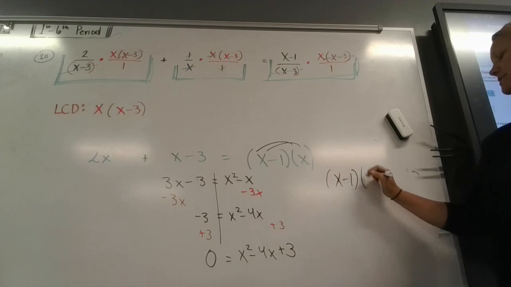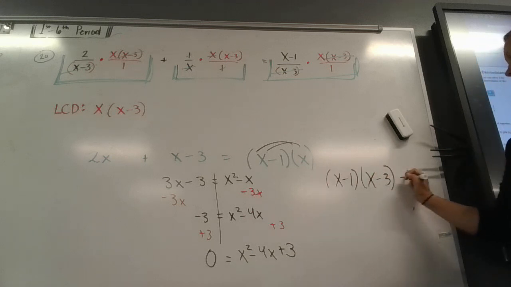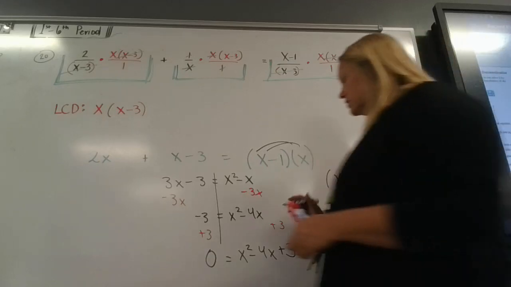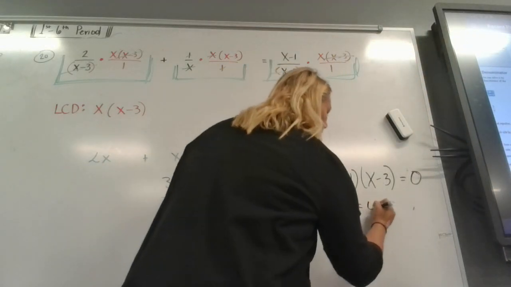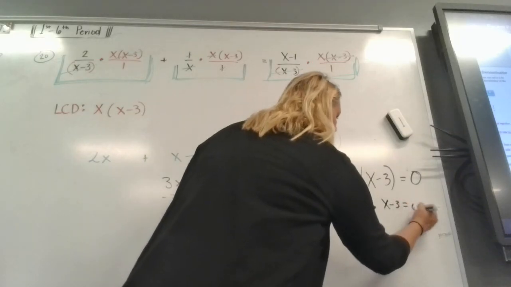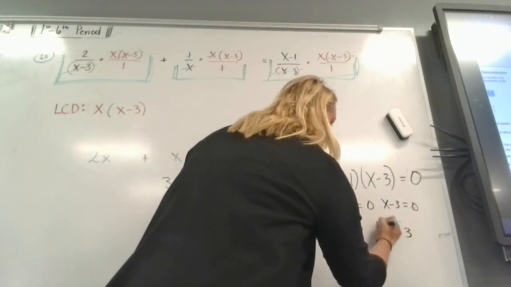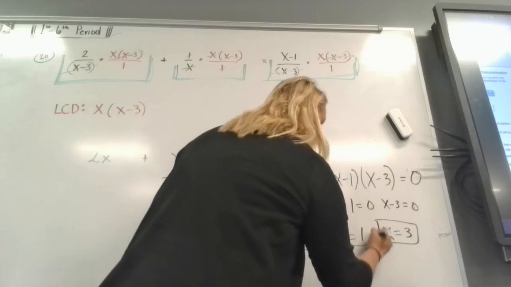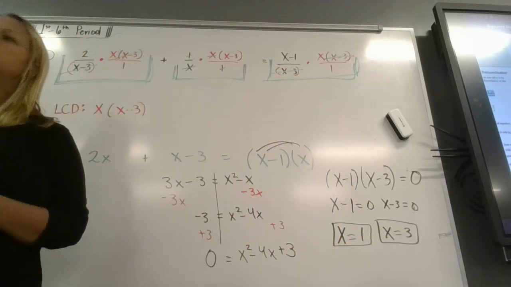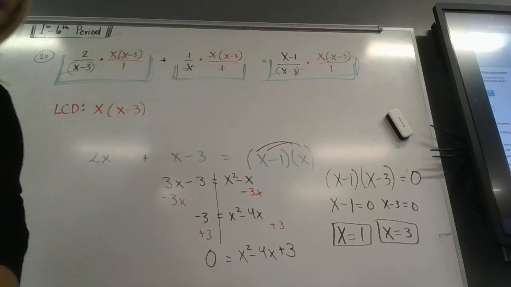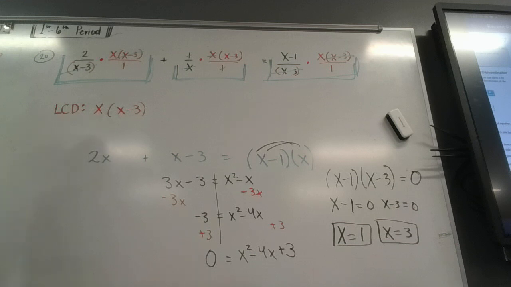Yep, x minus 1, x minus 3. Make those little equations, and you get your 2 answers, 1 and 3. Now, which one do you guys think might be rejected? It's a 50-50 shot. It's got to be 1 or 3.